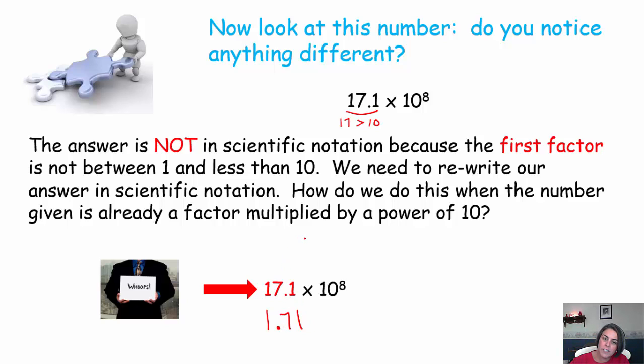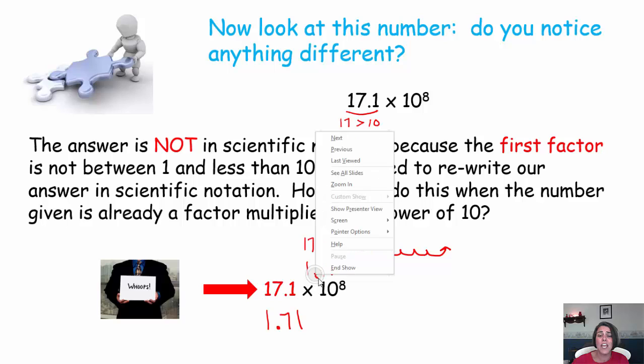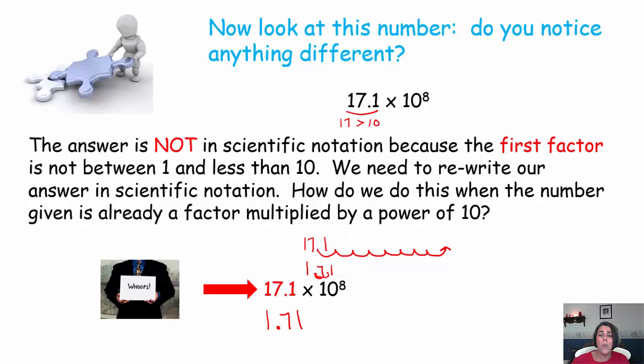Now up here, if I was going to take 17.1 and move it 1, 2, 3, 4, 5, 6, 7, 8 places to the right because of that exponent, if I instead start with 1.71, instead of 8 to the right, I'd now have to go 1 and then 1, 2, 3, 4, 5, 6, 7, 8 to the right.